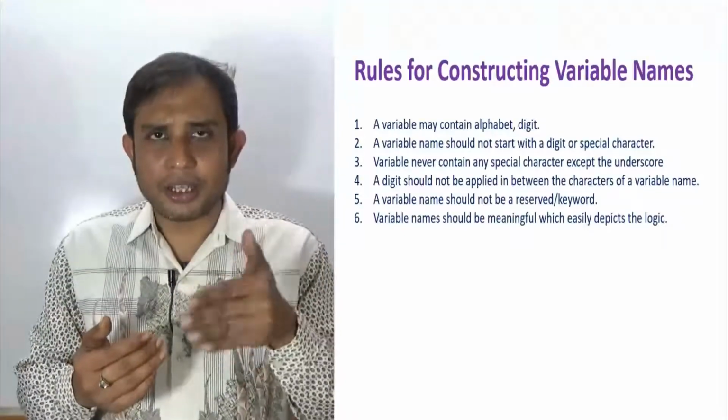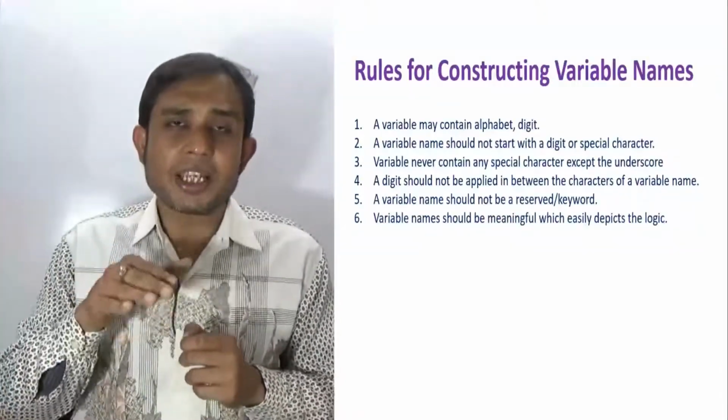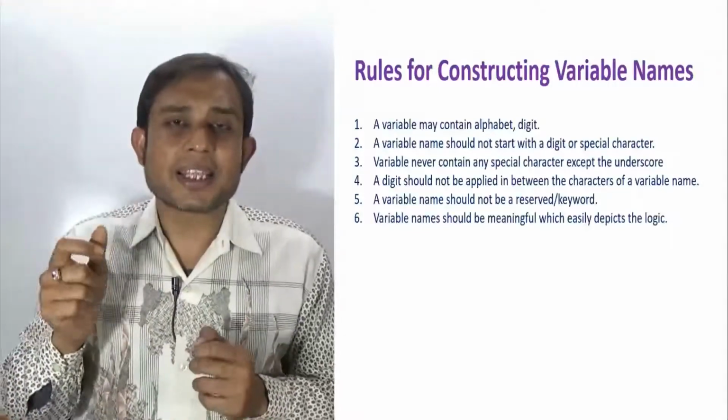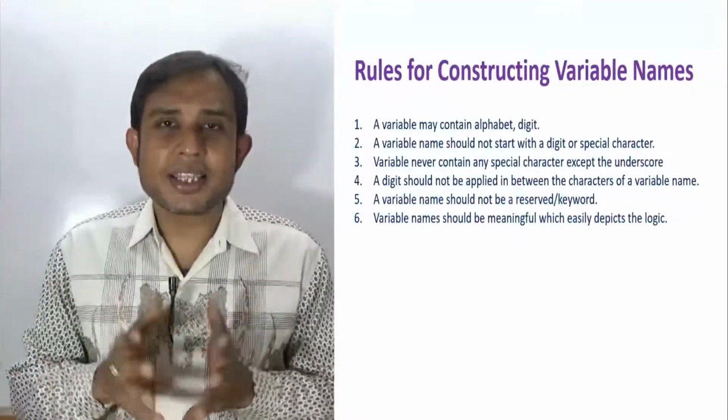Now, during the naming conventions, I mentioned that a variable name must never be the same as the name of a keyword. Now what is a keyword? Keywords are reserved words which are stored in the C compiler and whose meaning, action or definition is already defined.